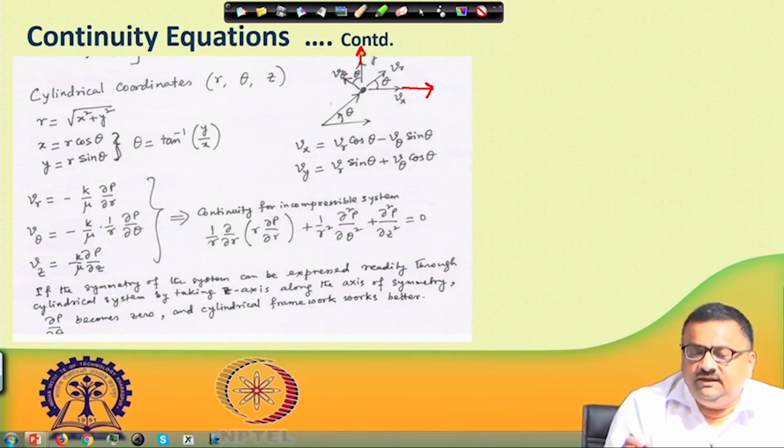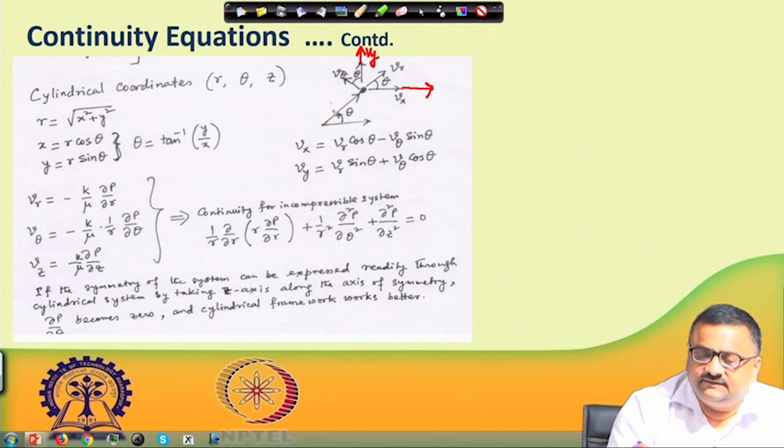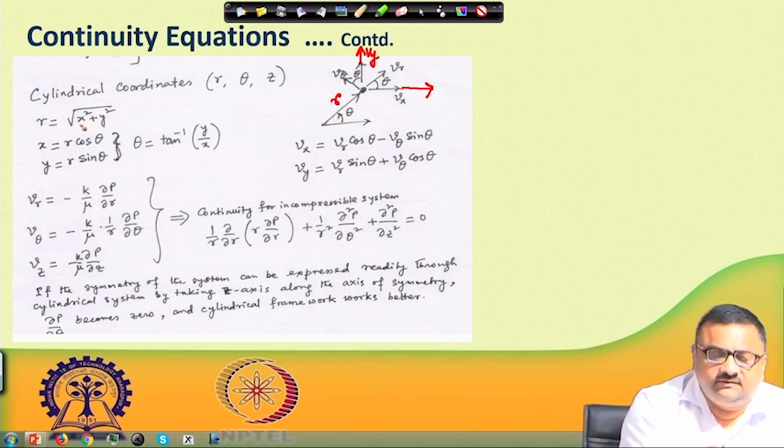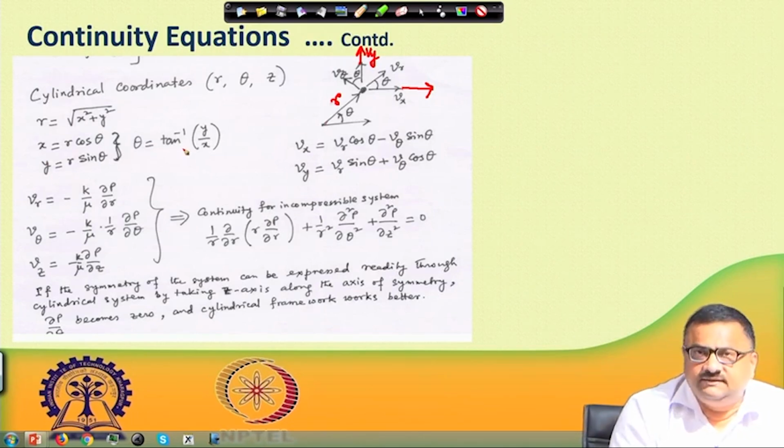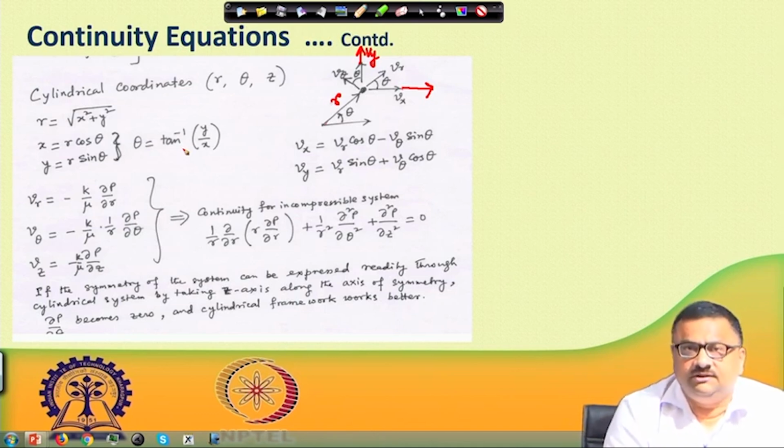Now V x and V y can be replaced by V r and V theta, where r is this much, and this angle is theta. If you are working with the x y system, r is the square root of x square plus y square, x is r cos theta, y is r sin theta, theta is tan inverse y by x. This follows directly from geometry.